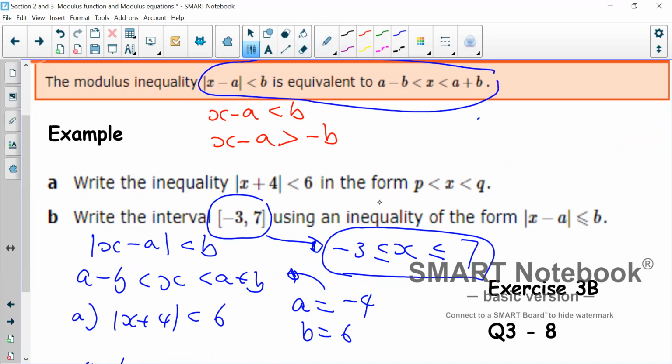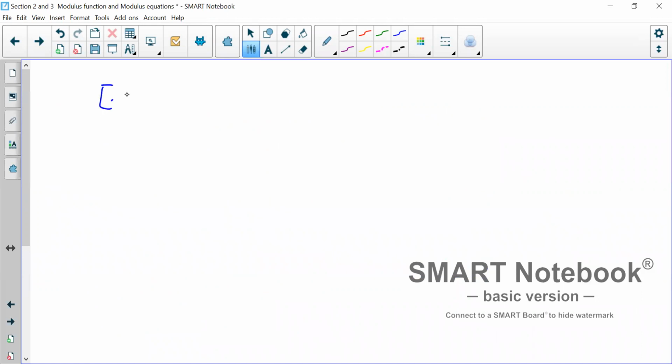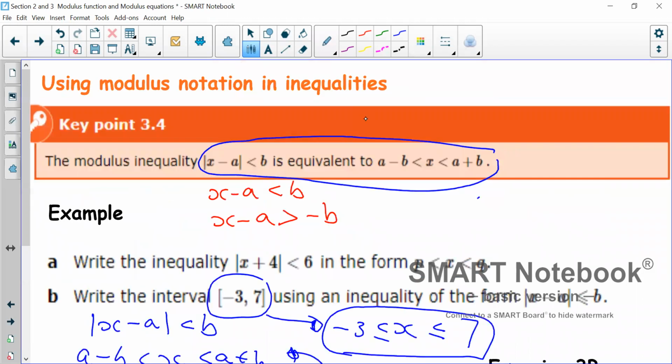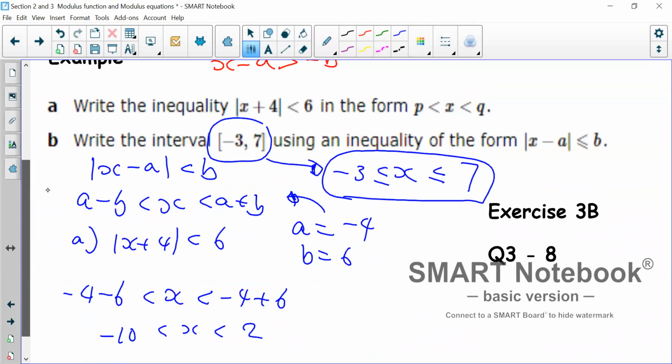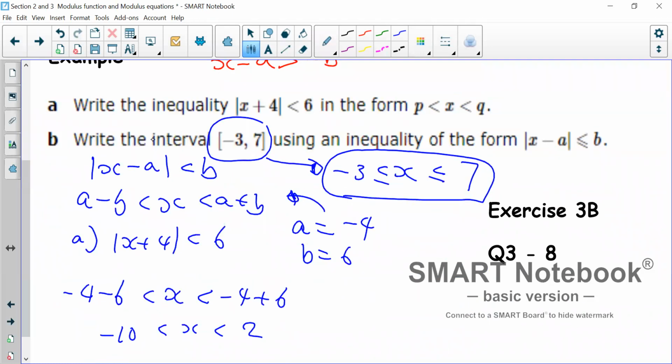Now what I do know is that this interval notation, I can rewrite it as x is bigger than minus 3 but less than 7. What do we need to find? Write down the interval using inequality of the form.